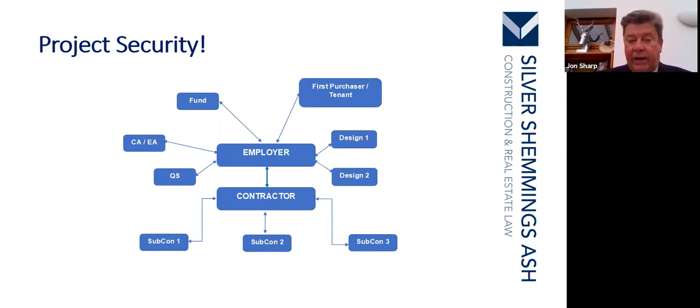But the employer does not have a direct relationship with the subcontractors, so he has no rights of action under those contracts. Only the contractor has rights with the subcontractors and vice versa.